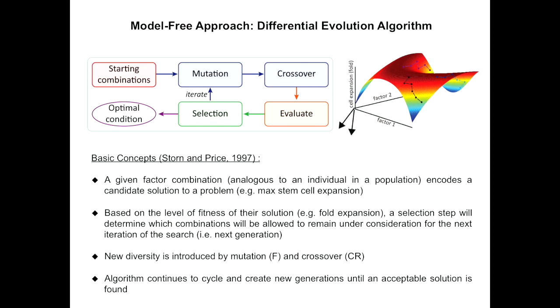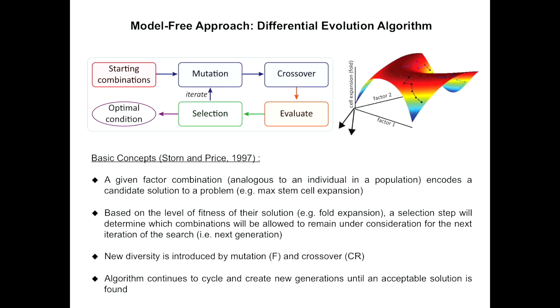So we had to do a lot of work to use this algorithm. We had to make many modifications. I don't have time to talk about all the modifications to make it work for what we were interested in doing, which was to solve large cell culture optimization problems like 15 factors at 6 doses. So this is a very large parameter space.